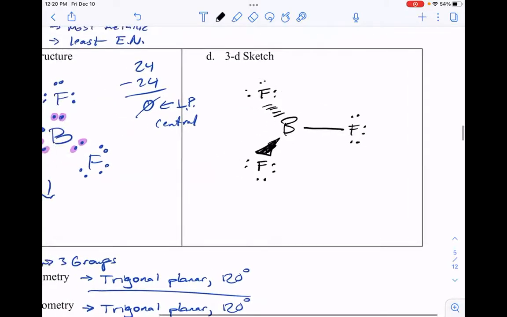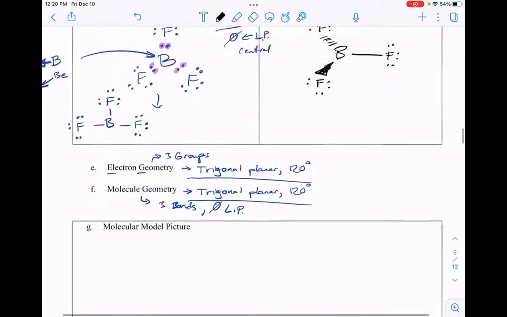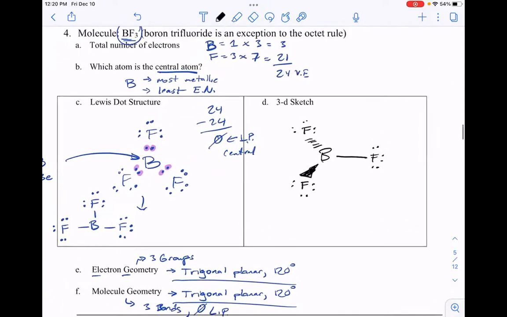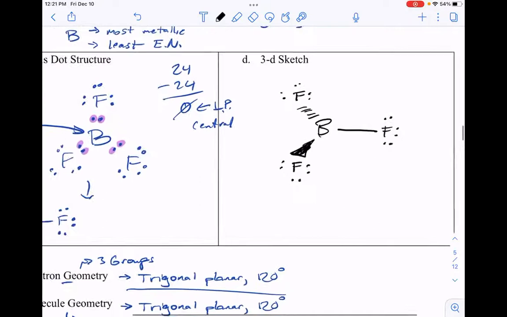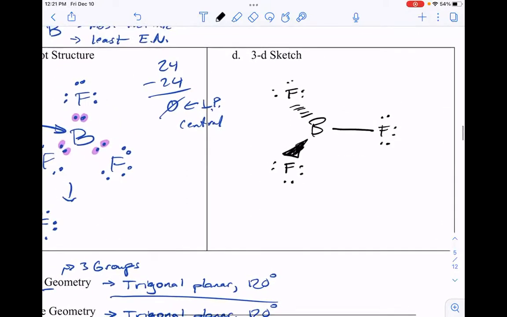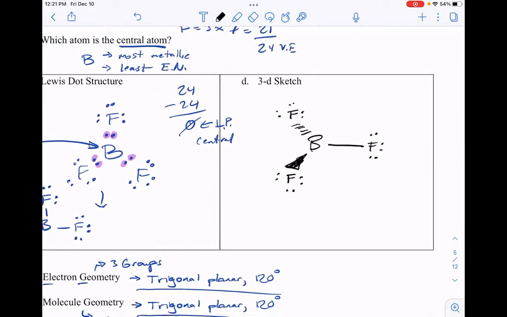Okay, that's pretty much it for BF3. Any questions? That's the front view of the model, correct? Yep. Sorry, I can't think of words. No, you're good. Actually, that's the proper word for it. It is the front view. You described it perfectly.